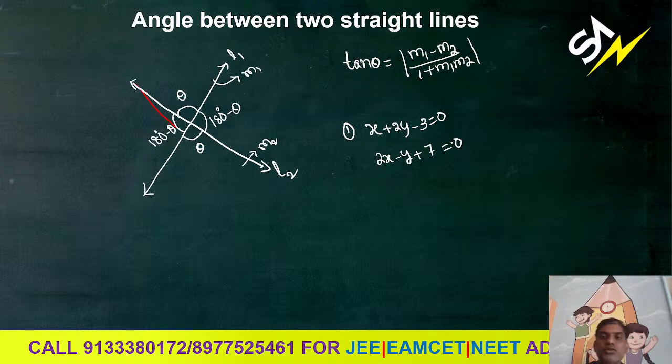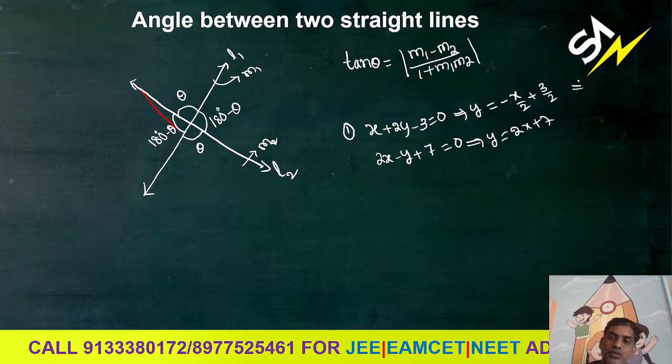Okay. So here x plus 2y minus 3 equal to 0. Then what is the slope of this line? y is equals to minus x by 2 plus 3 by 2. And here y is equals to 2x plus 7.